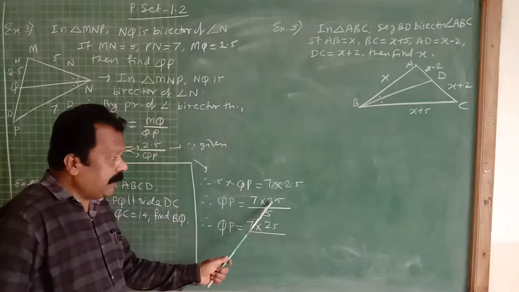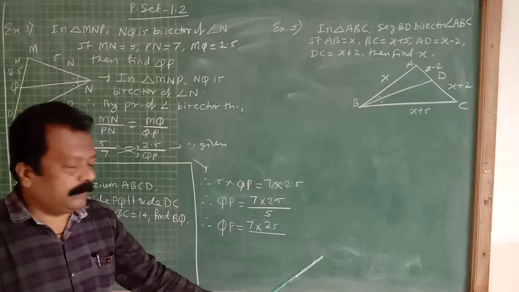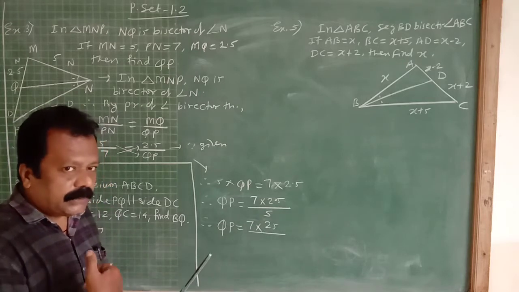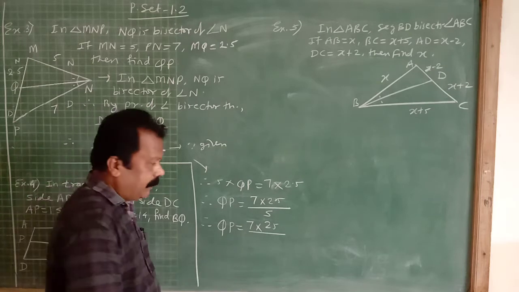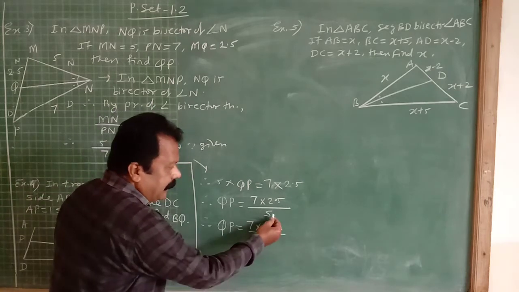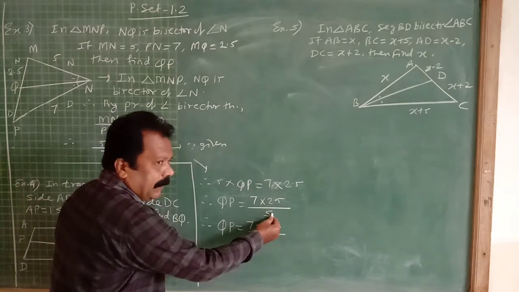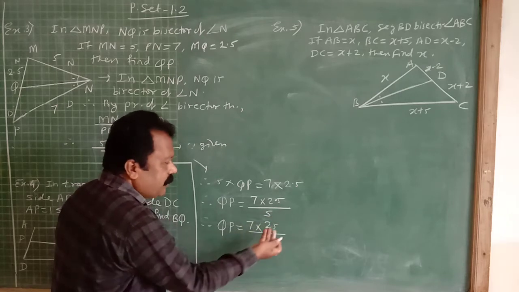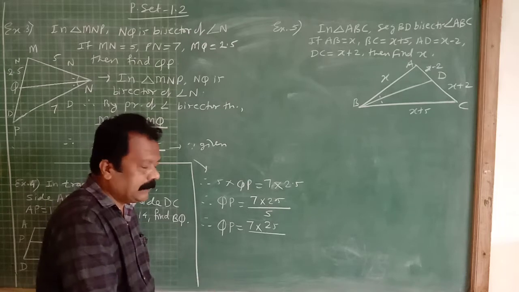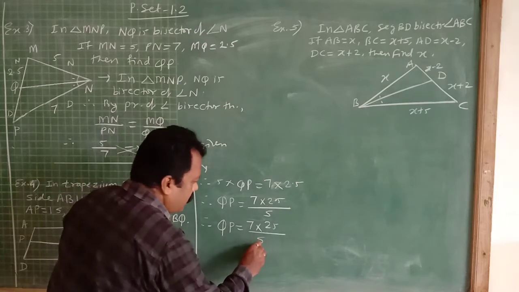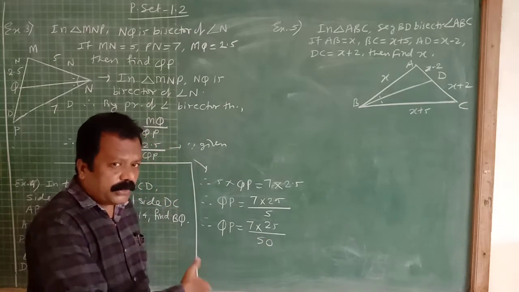So, if in the numerator's place one digit moves the decimal point, then in the denominator's place also we have to move one digit from left to right. But here the decimal point is not there. So, if any number is given, then we have to consider the decimal point after that number. So, for moving there is no number. So, what I told before, keep zeros. Put zeros on that number.